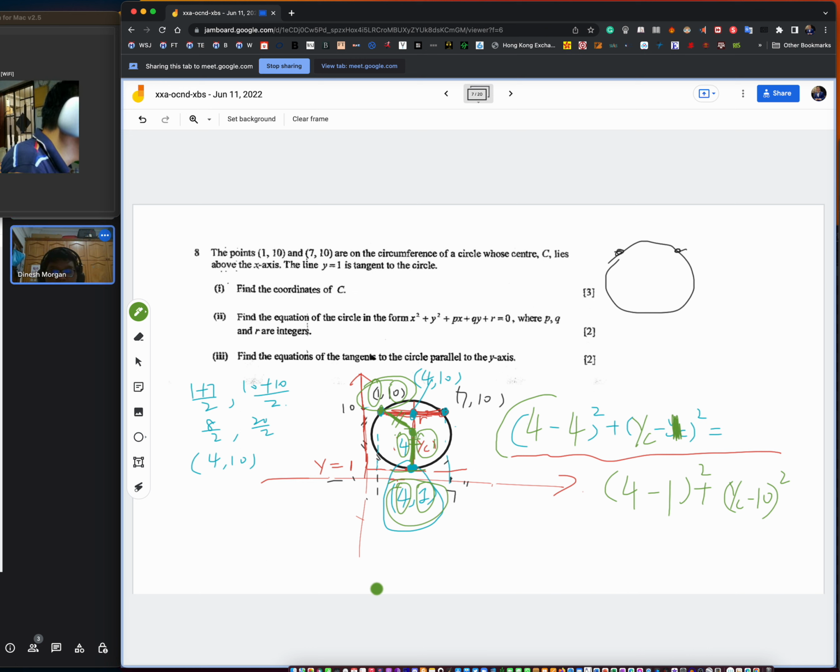Then this is one equation and one unknown. If you solve it, this one is 0, this one is yc. Actually, I'm using the length equal to length. Can you see that this is the length equation?